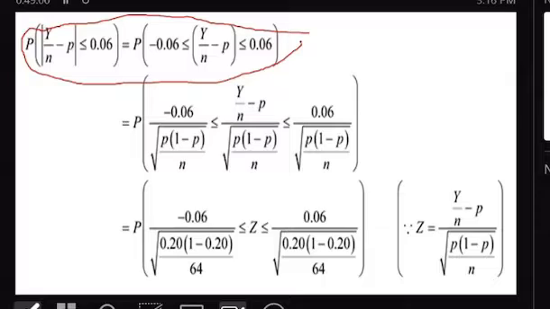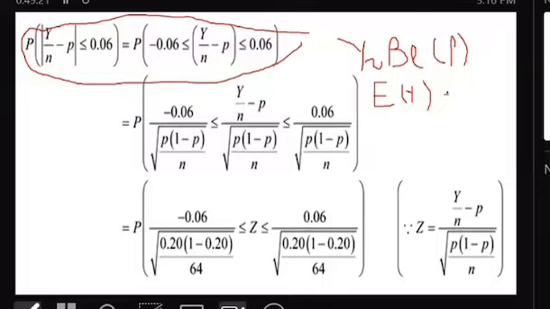If I now want to talk about Y bar, I know that if Y follows Bernoulli with parameter P, the expected value of Y equals P. And the variance of Y, this is from statistical theory, is P times 1 minus P. Why is it Bernoulli?